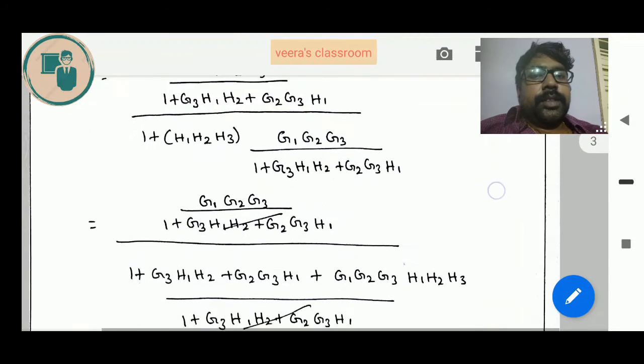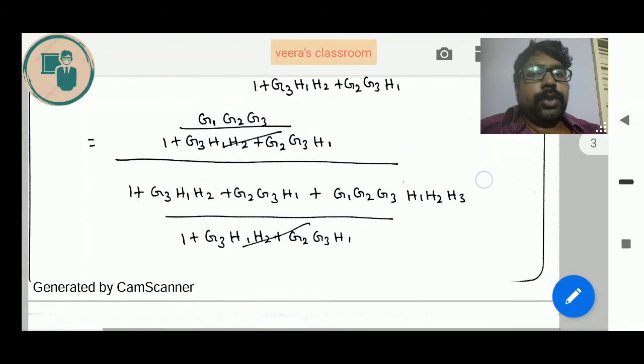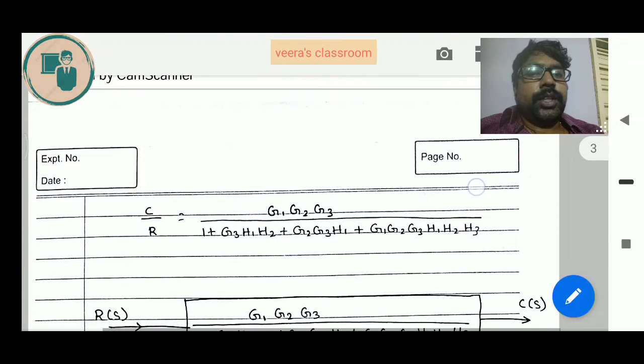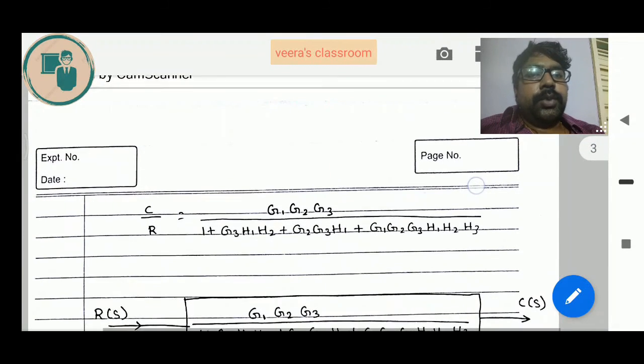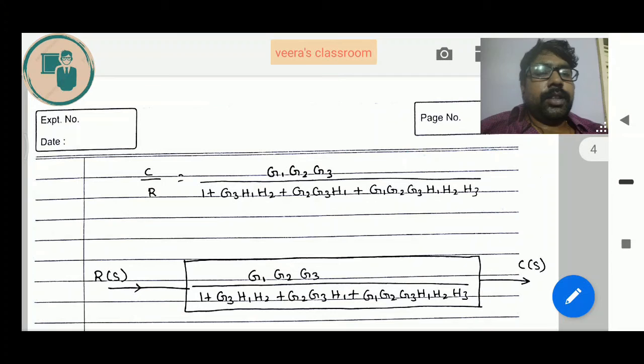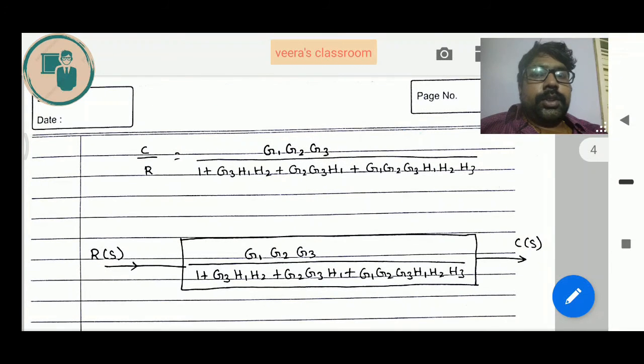After taking the LCM, we have certain cancellations and the final answer is C by R equals G1 G2 G3 divided by 1 plus G3 H1 H2 plus G2 G3 H1 plus G1 G2 G3 H1 H2 H3. This is written in the block diagram and we have solved the problem. So this is the solution for the fourth problem of block diagram reduction.